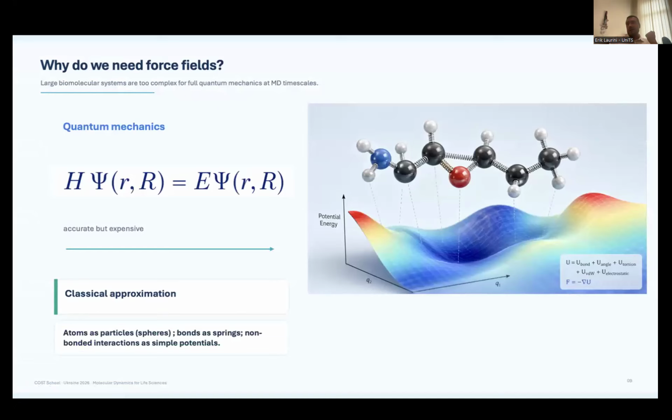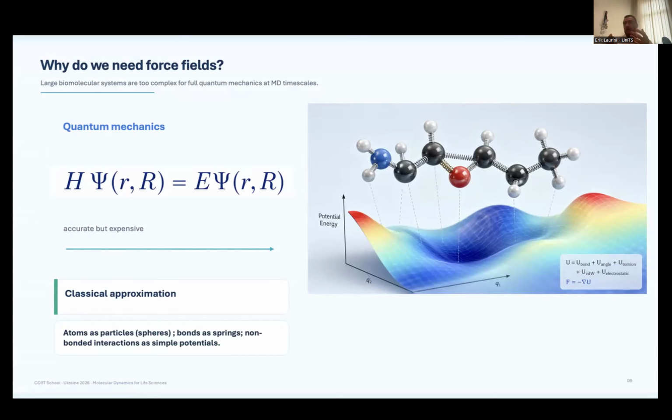In quantum mechanics, we solve this problem by applying the Schrödinger equation, or better, the Born-Oppenheimer approximation of the Schrödinger equation.